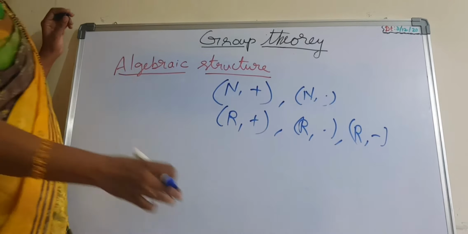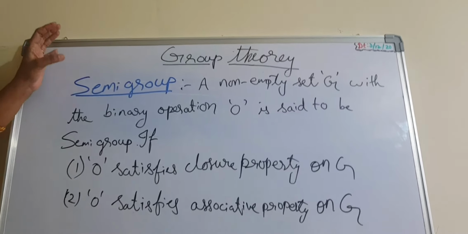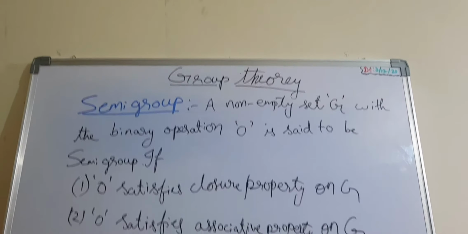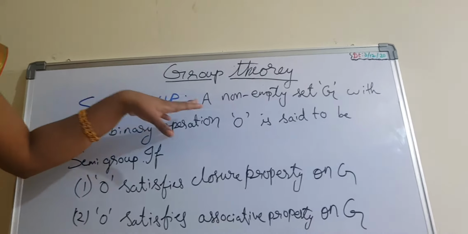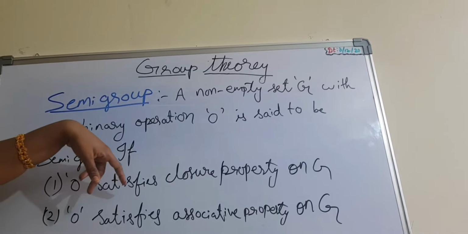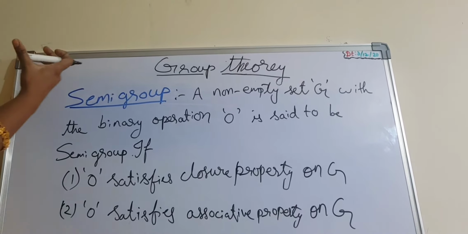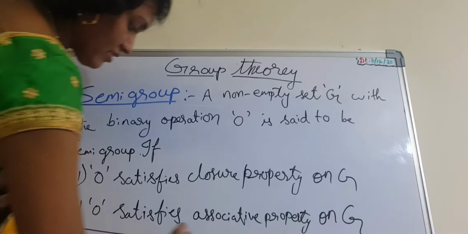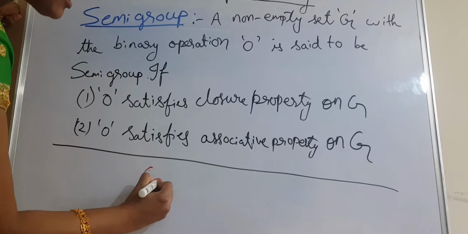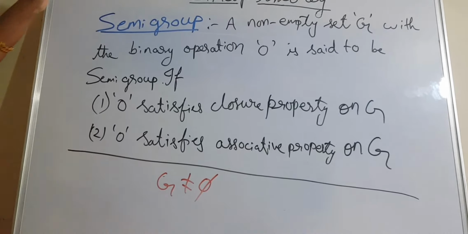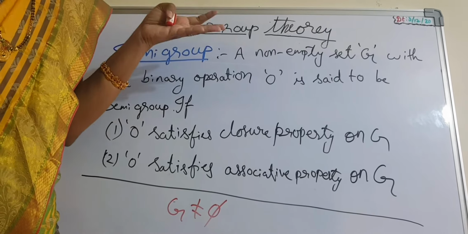Next topic: now we study the semi-group. What is a semi-group? A non-empty set G with a binary operation circle is said to be a semi-group. G is a non-empty set; you can take any set, natural numbers, real numbers.